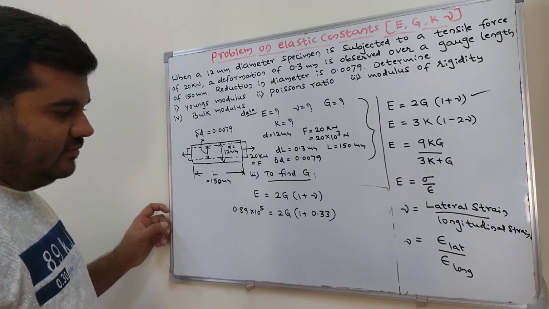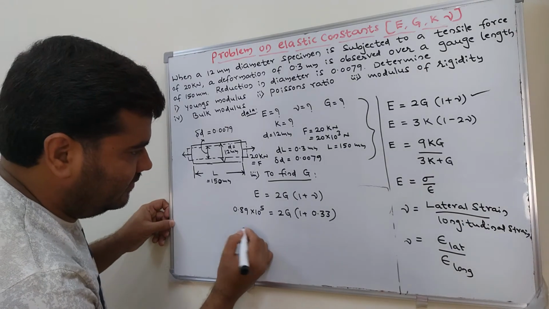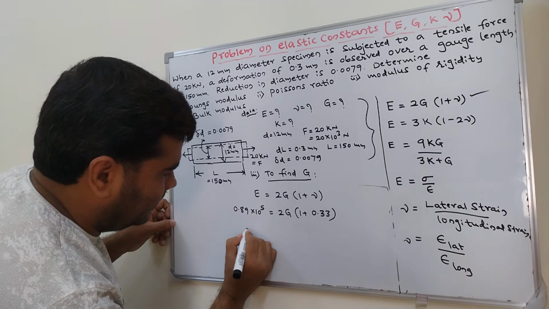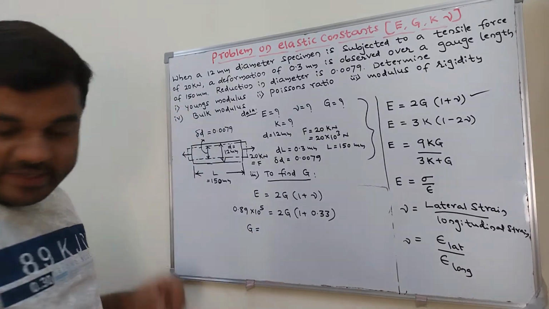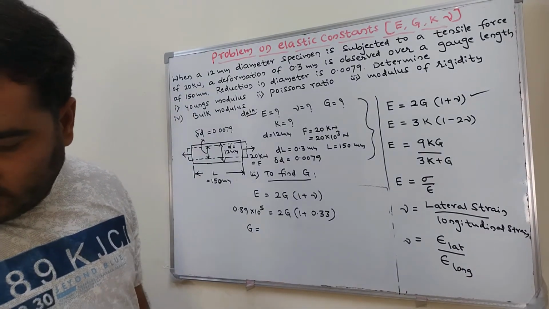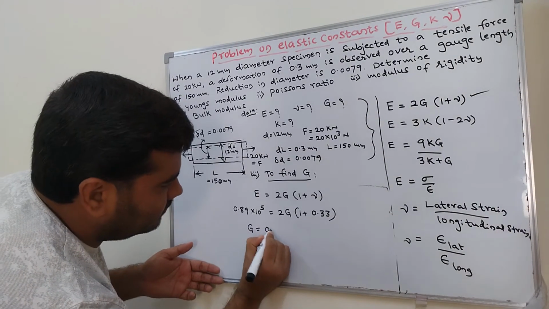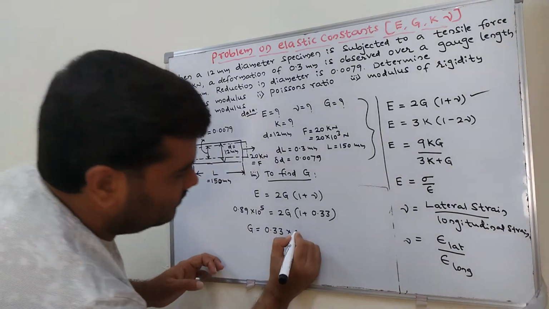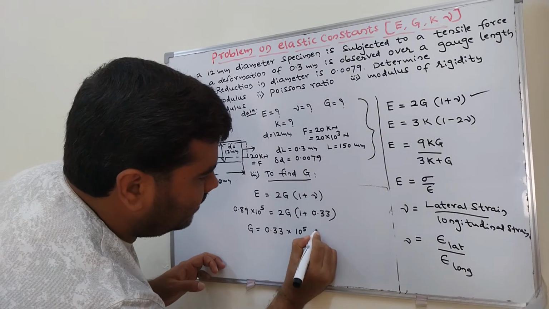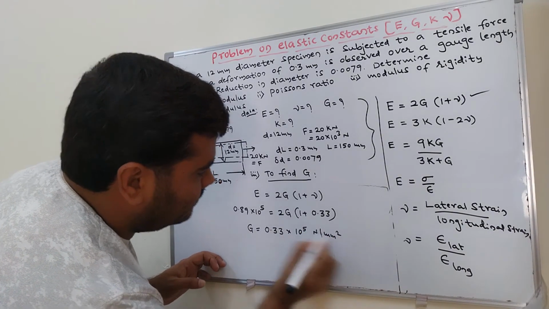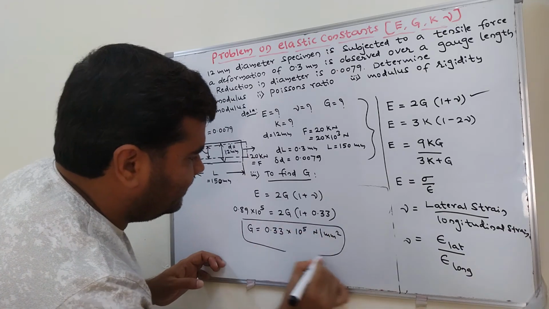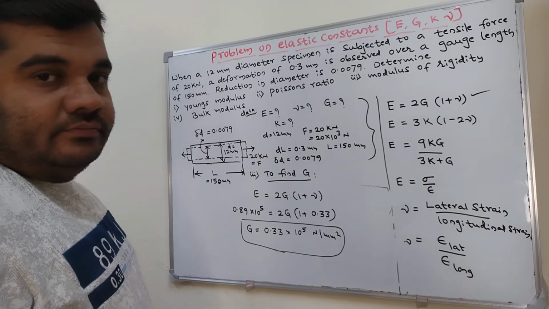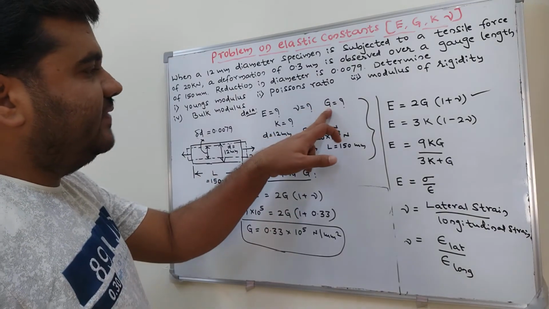After simplification, G equal to 0.33 into 10 raised to 5 Newton per mm square. This is the modulus of rigidity. So the third one is finished.